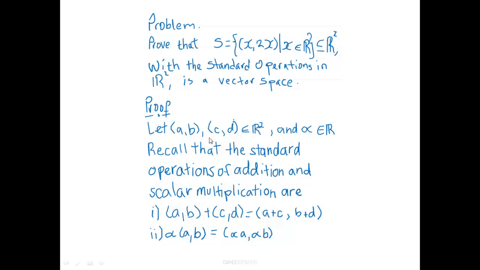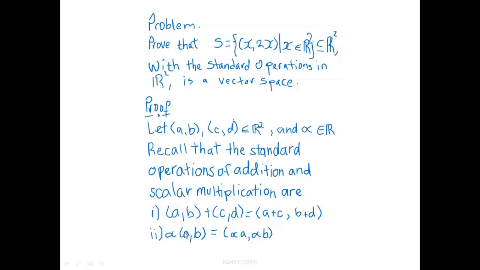If (a, b), (c, d) are vectors in R squared and alpha is in R, then addition is defined by (a, b) + (c, d) = (a + c, b + d), and alpha times (a, b) = (alpha a, alpha b). So this is the standard definition of addition in R2, and this is the standard definition of scalar multiplication in R2.